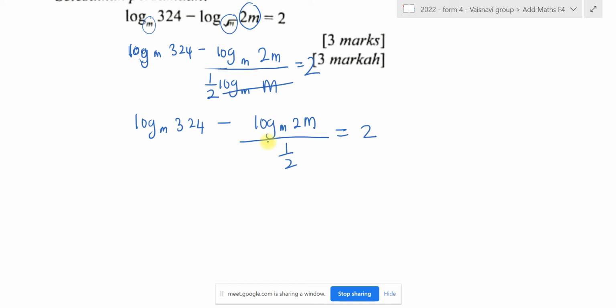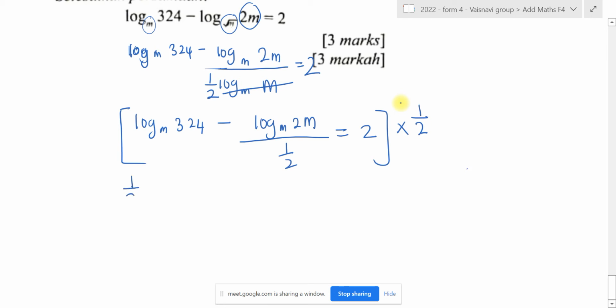And then what else can we do here? Since you have a 1 over 2 at the bottom, everything you multiply with 1 over 2.